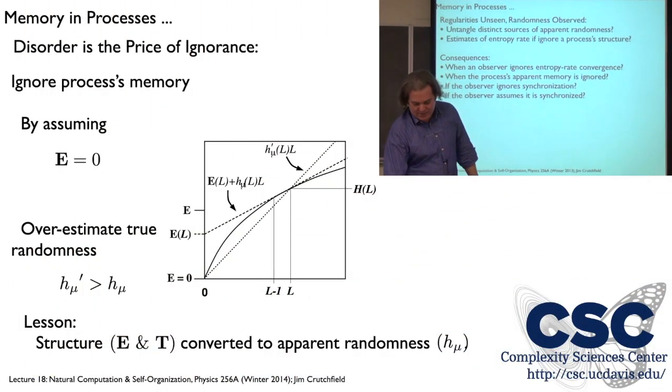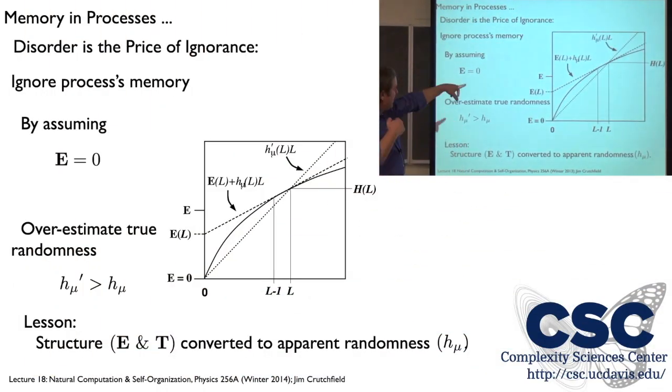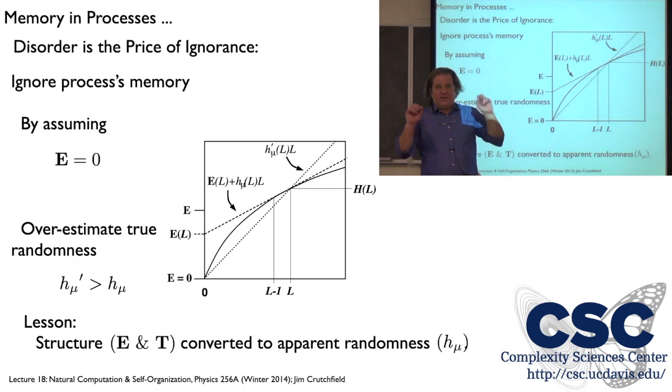In each of these cases we have a way of talking about this and seeing what the consequences are from the information tableau. Okay, so the first lesson is: disorder is the price of ignorance. We're going to ignore a process's memory, and the first notion of memory that we have to work with is the excess entropy. So I'm going to look at the world in terms of, I just want to measure the entropy rate, and I don't care about how much memory the process has.